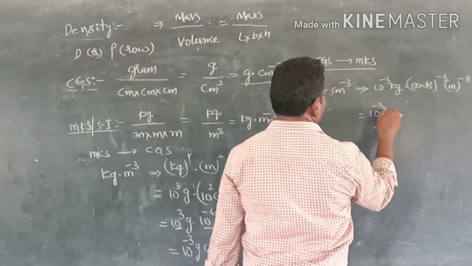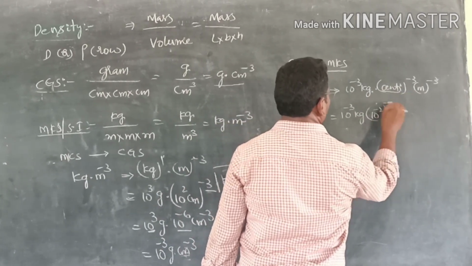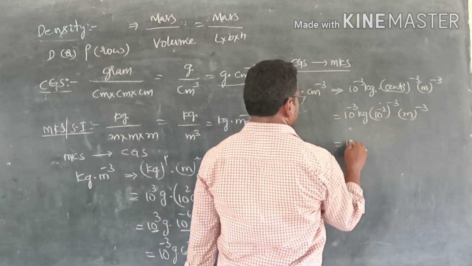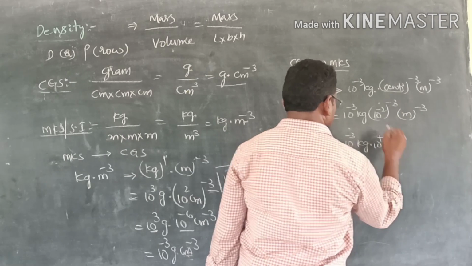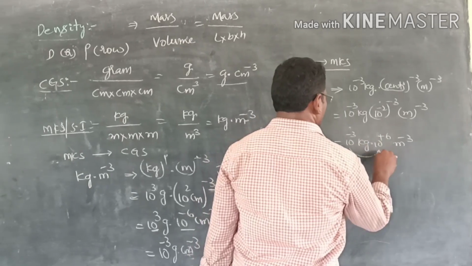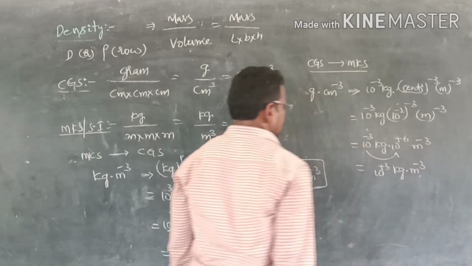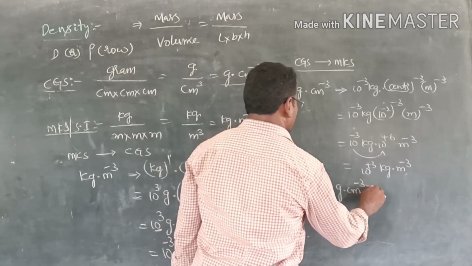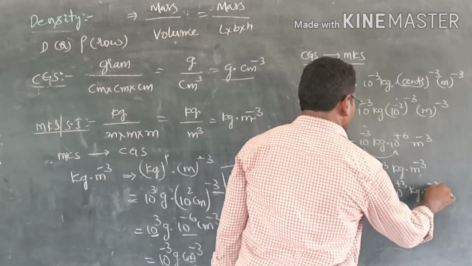Now the value becomes 10 power minus 3 kg, with centi 10 power minus 2 whole power minus 3 and meter whole power minus 3. Now the next step: 10 power minus 3 kg, and this value becomes 10 power plus 6 times meter power minus 3. Now the total value, by multiplying, is 10 power plus 3 kg into meter power minus 3. Therefore gram into centimeter power minus 3 is equal to 10 power plus 3 kg into meter power minus 3.